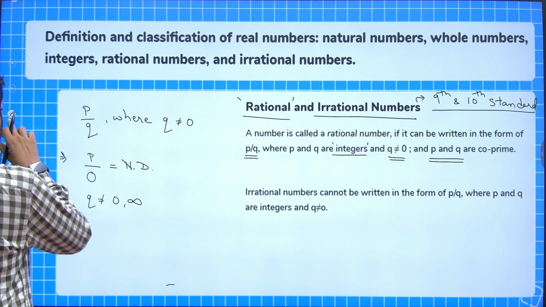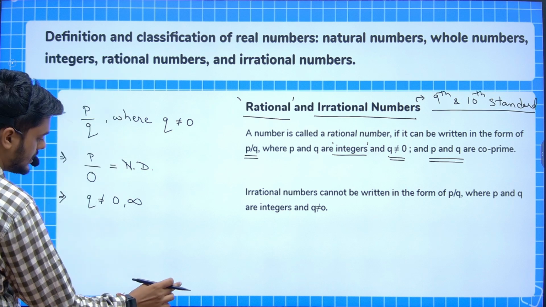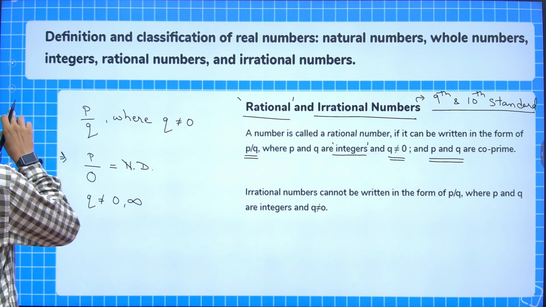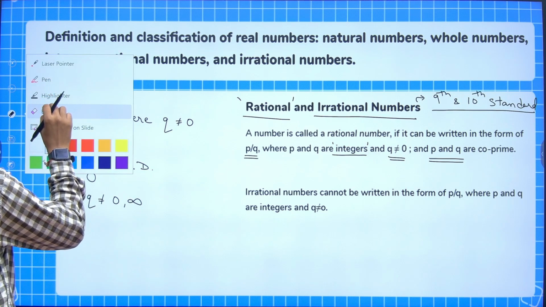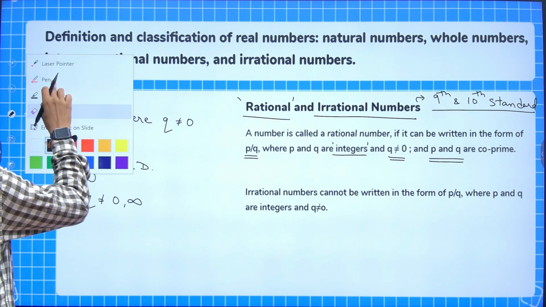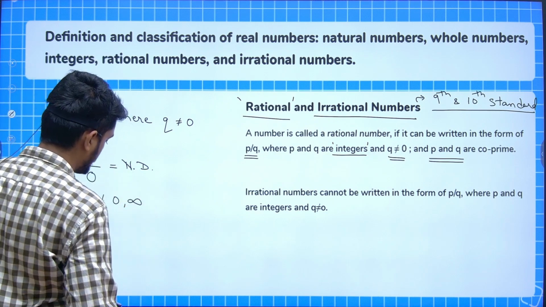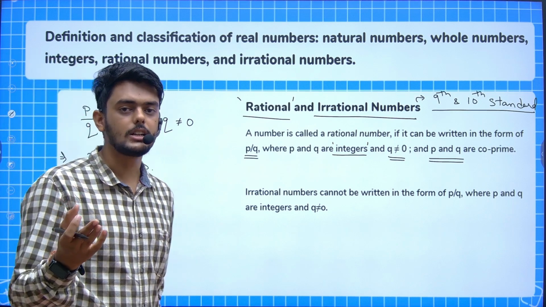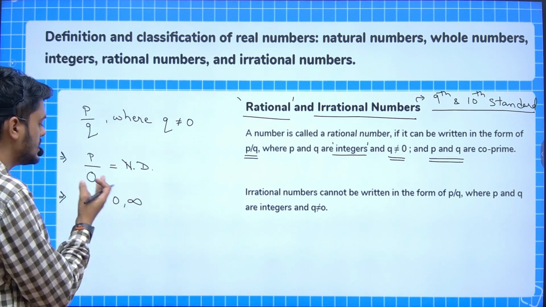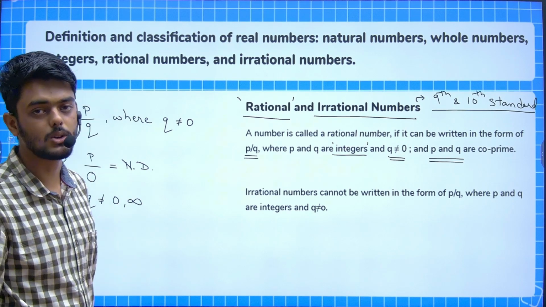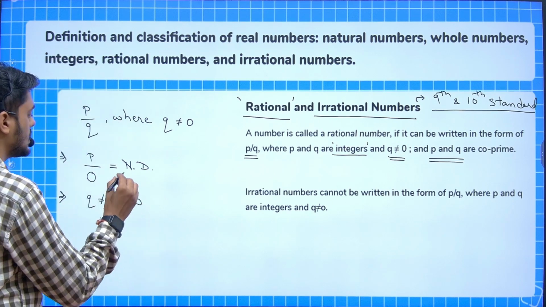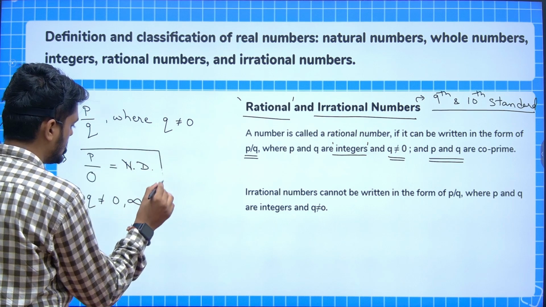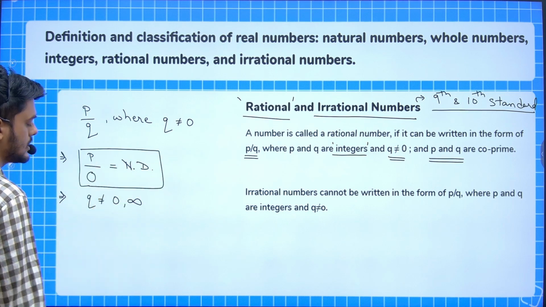In some cases, when we include infinity in the denominator, the result is said to be not defined. Hence, for the generalized cases up to 8th standard, we do not include 0 and infinity in the denominator, or else we are going to get an undefined result.